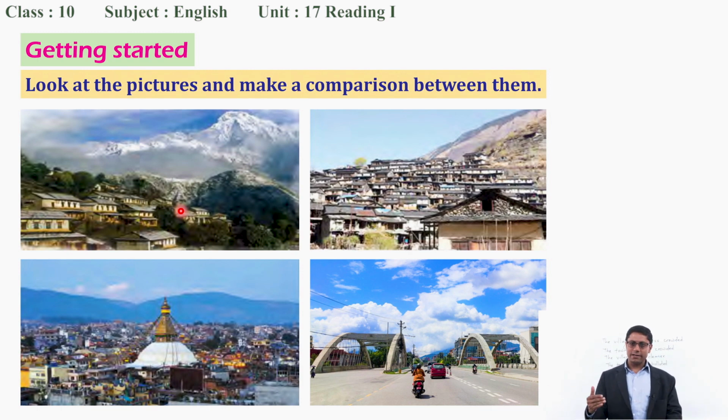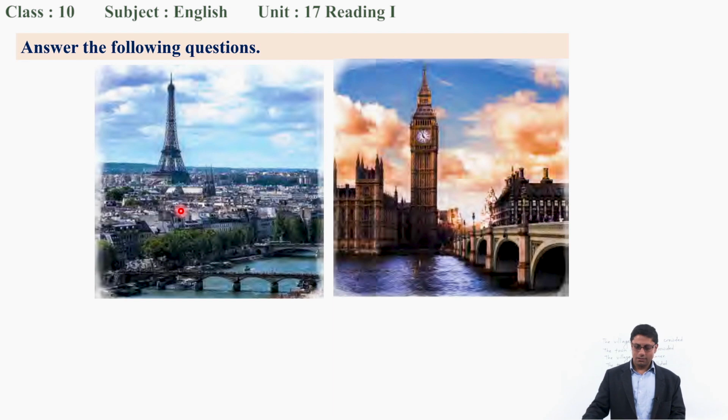Now we are going to make the comparison between London and Paris, as I said before. So before that, let's look at the pictures here. Okay, look at the first picture, look at the second picture. Now you have to guess the names of the towns.